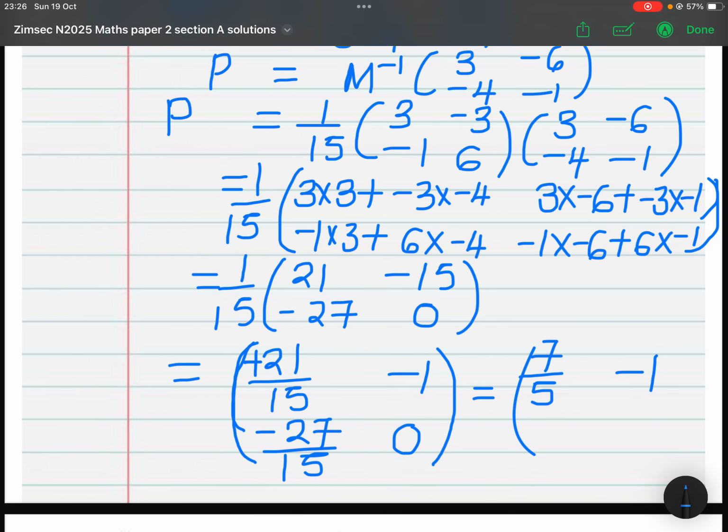And then here we are having minus 1. If we reduce minus 27 over 15, our answer is minus 9 over 5. And here we have 0. So this is going to be our final answer. This is the matrix P.